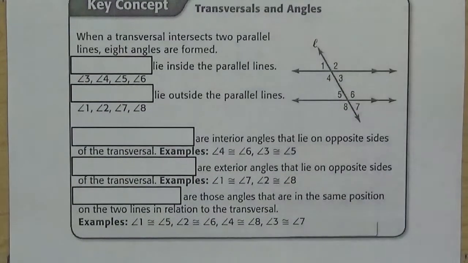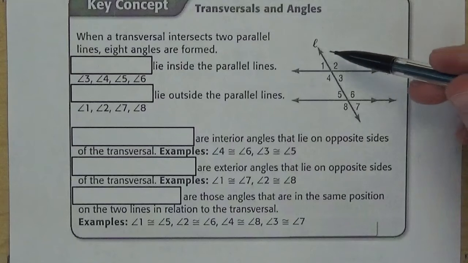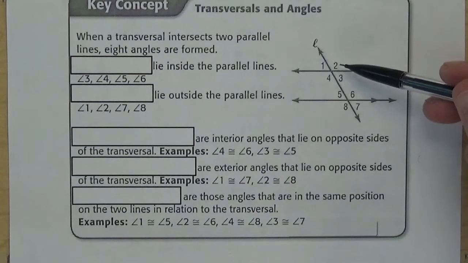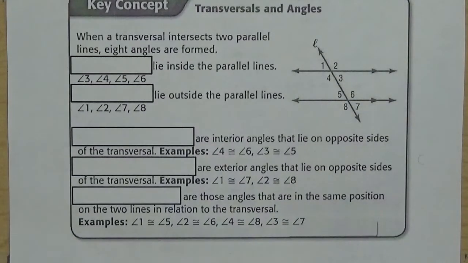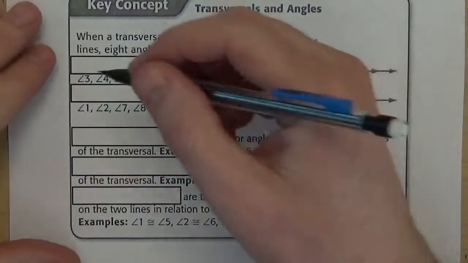Let's read through this. It says when a transversal intersects two parallel lines, 8 angles are formed. So you see the two parallel lines, you see the transversal that cuts through those, and you see all 8 angles. Blank lie inside the parallel lines. Those are called interior angles.